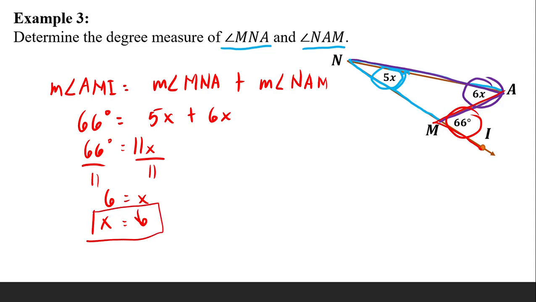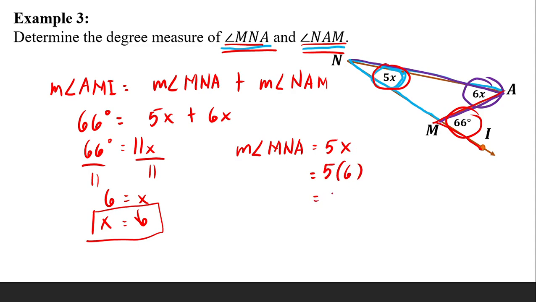Now we need to find the degree measure of MNA and NAM. Let us find first the degree measure of MNA. It has a degree measure of 5x. Substitute the given, x becomes 6. So that is 5 times 6, that is 30 degrees.